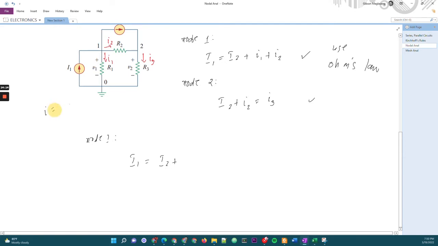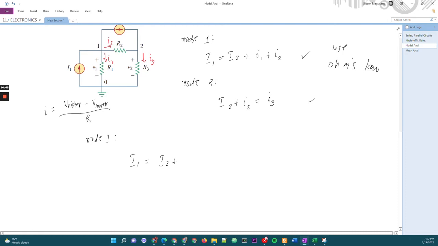So we have I equals V higher minus V lower over resistance. If you look at this figure, we can see that node 1 is at higher potential because the current is flowing from here. So we have a higher potential, and this is at lower potential, V2.